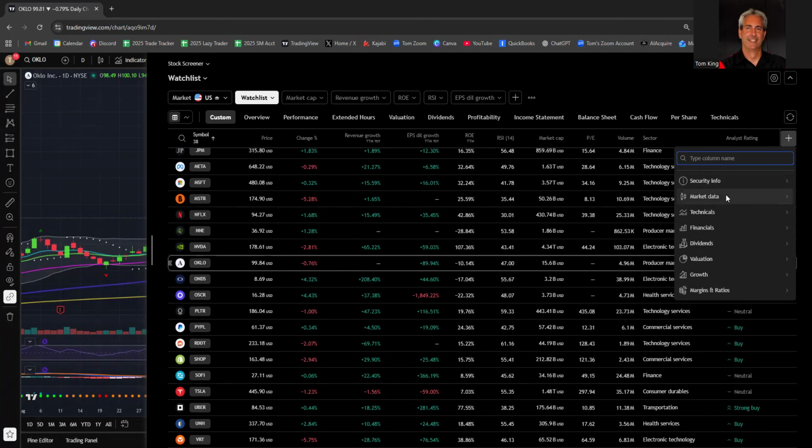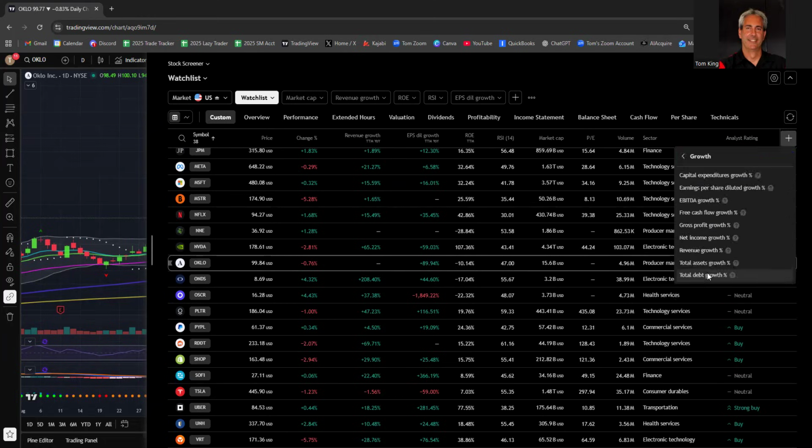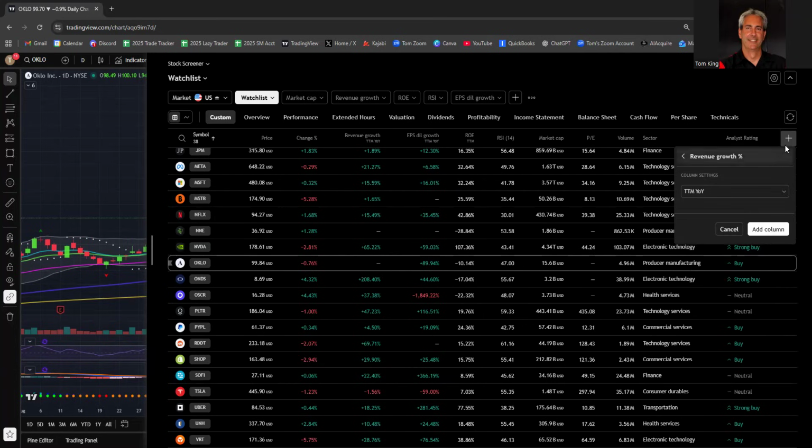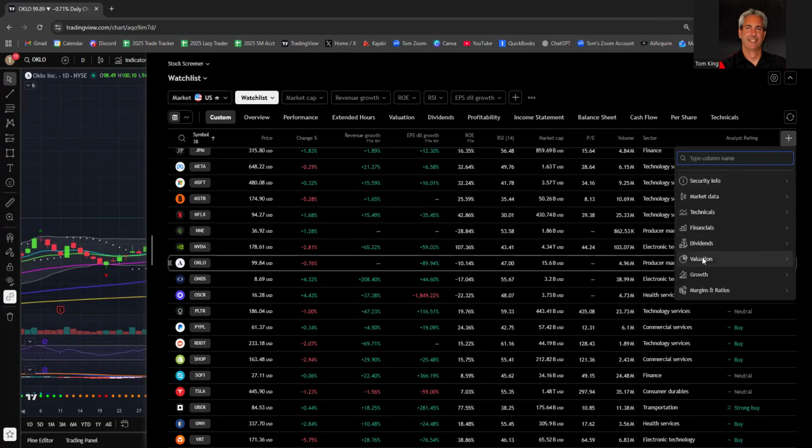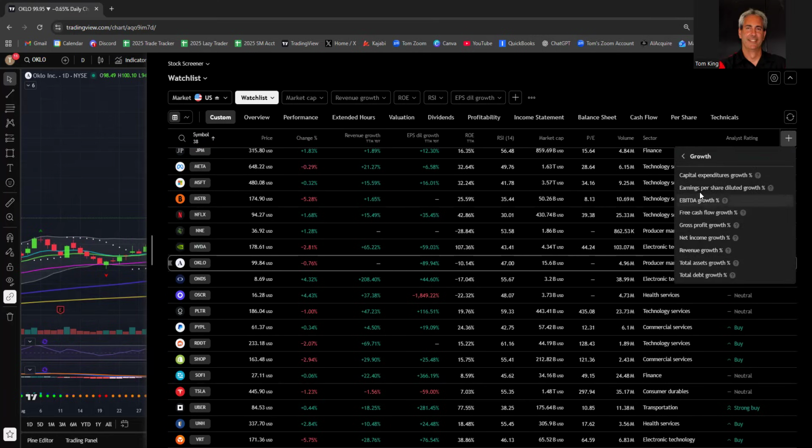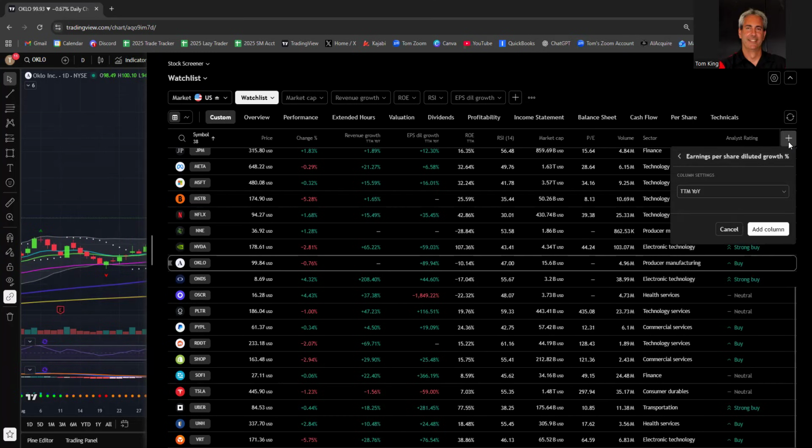It's not under financials. What's it under? It should be under financials. I'm trying to find out what the revenue growth is. Let's go to revenue growth and add that, and let's go to earnings per share.